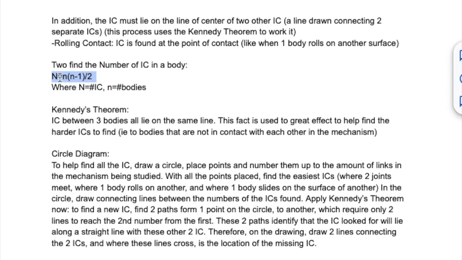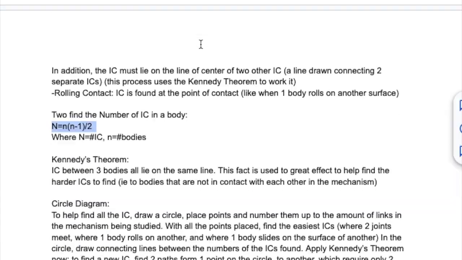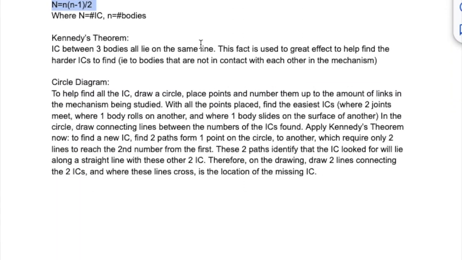So small n is 5. 5 times 4 is 20, and then you divide that by 2, you get 10. So in a situation with 5 links, you have 10 instance centers. In a situation with 4 links, you would have 6.